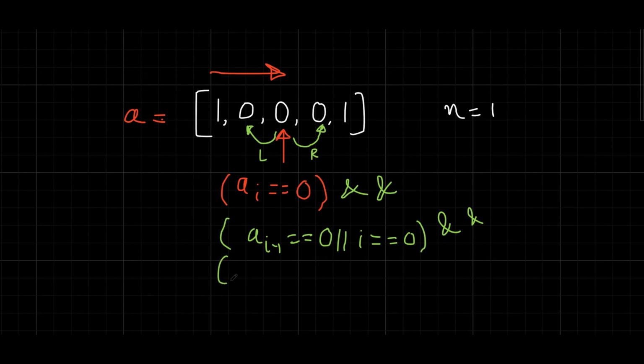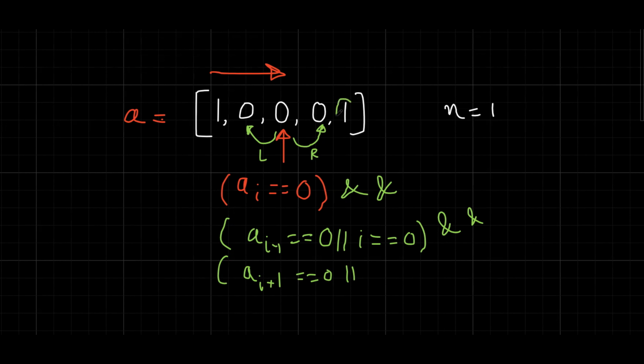So to check the right condition, we will check whether the value of a of i plus 1 will be 0 or not. If it is, that means the right position is empty. And we have to check one another thing, whether it might be possible that the right cell does not exist.